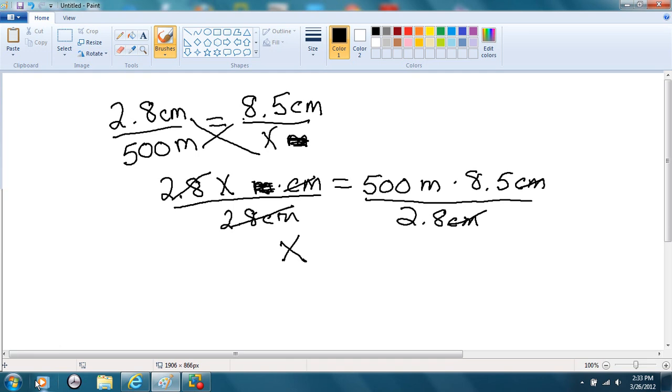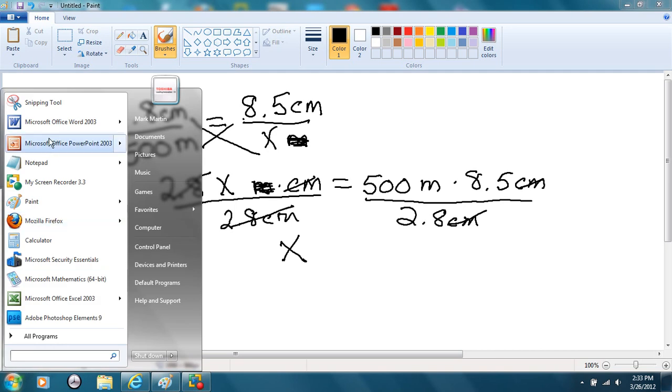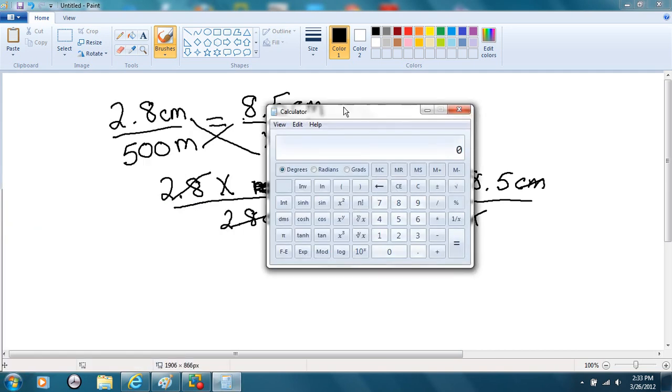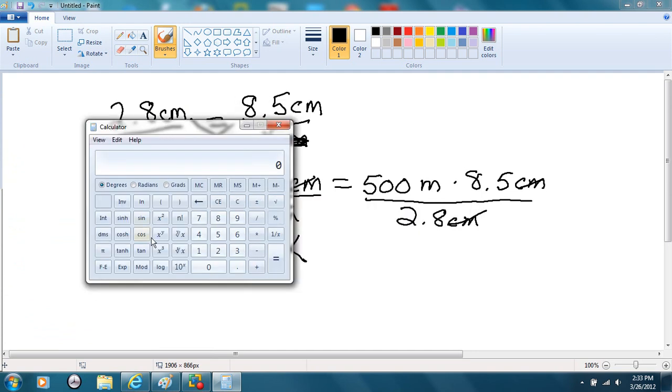And so I will go over here to the calculator. So we're over the calculator now, and there it is. So I'm going to drag this over so you can see what I'm doing. I'm going 500 times 8.5 divided by 2.8.